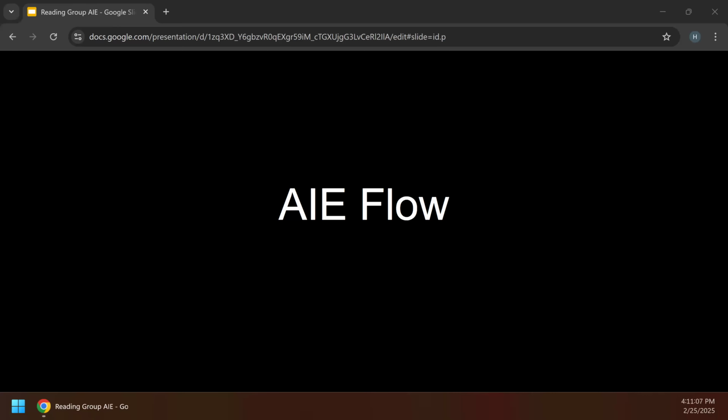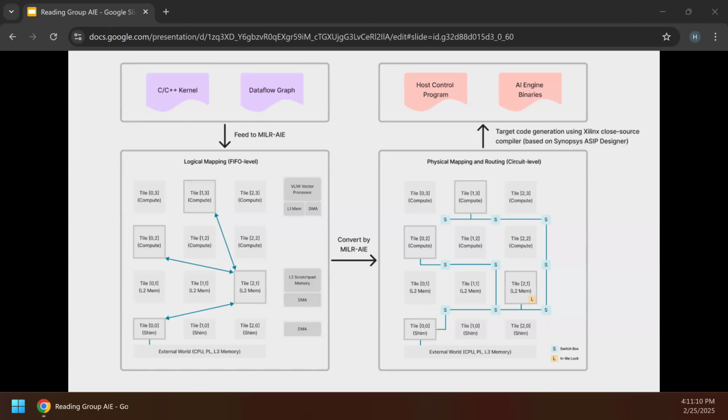For the MLIR AIE flow, the input is two parts: the C++ kernel, and the data flow graph, which describes how those kernels interact with each other.